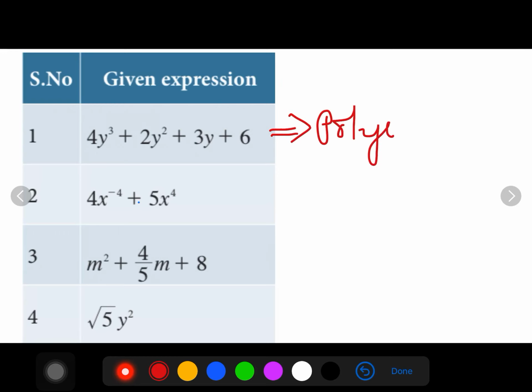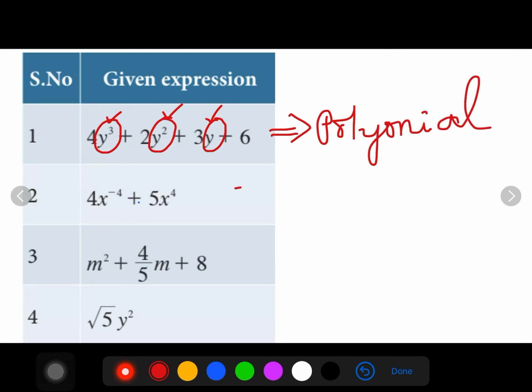Why is it a polynomial? Because it does not have any negative power. As I have already told you, in a polynomial the powers should always be positive. Look at all the powers here: y cube, y square, y. All the powers of the variables are positive. Therefore, it is a polynomial.